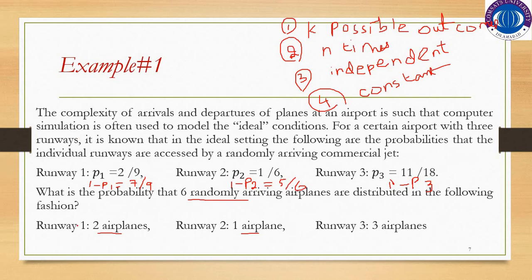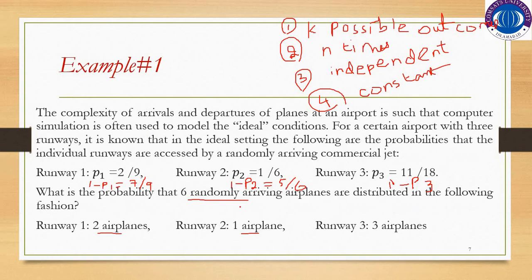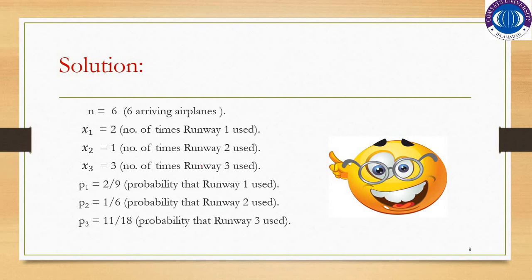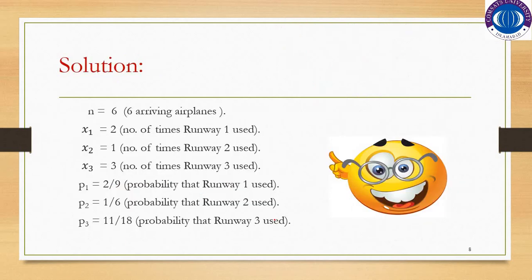At runway 1, 2 airplanes are arriving, so it is used 2 times. At runway number 2, 1 airplane is arriving, so it is used 1 time. At runway 3, 3 airplanes are arriving, so it is used 3 times.